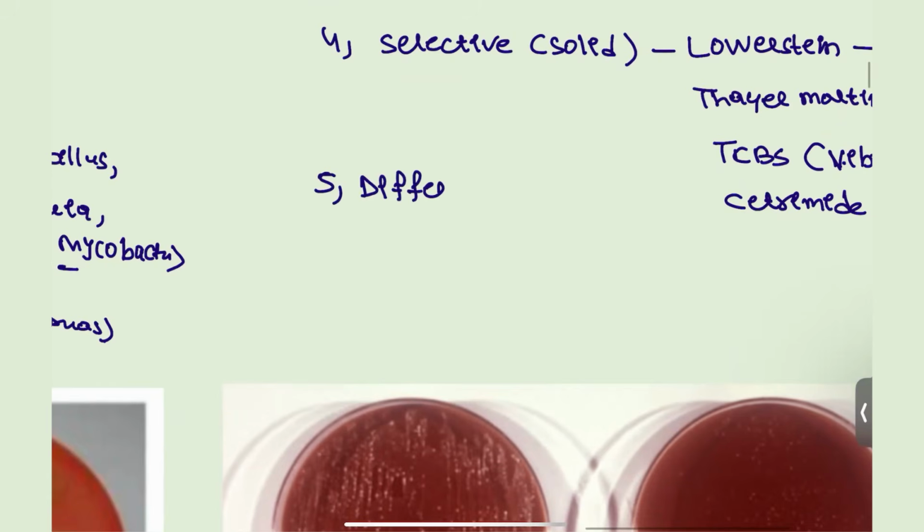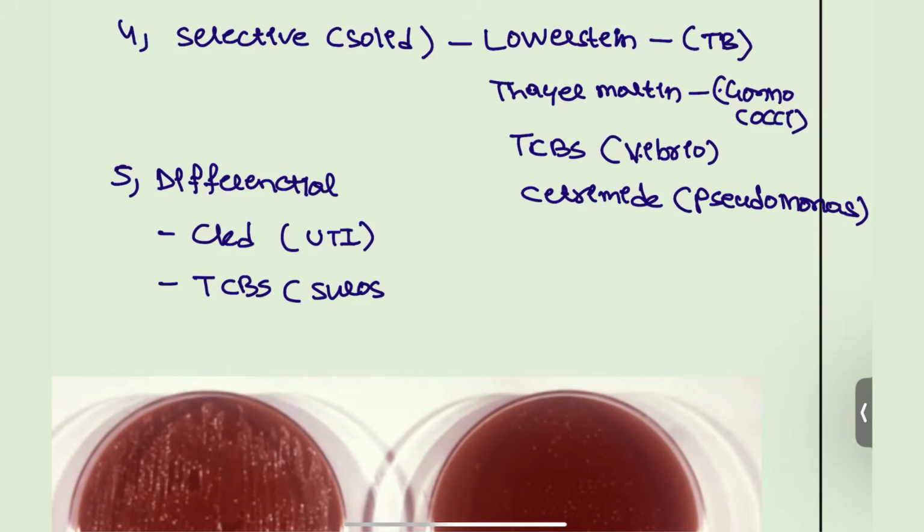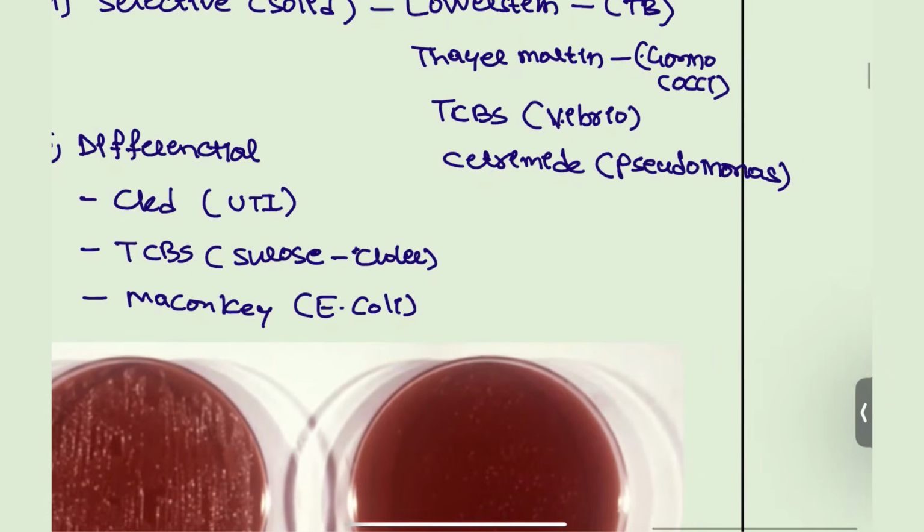Next, differential media. Differential media will be like CLED media, commonly used for UTI, and TCBS again here, this is for the sucrose and all, again cholera. Next, MacConkey, for E. coli and other species we are going to see. Next, the sixth one, transport media.